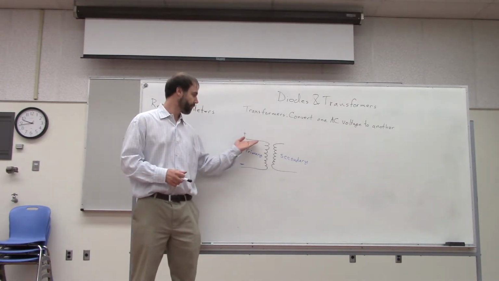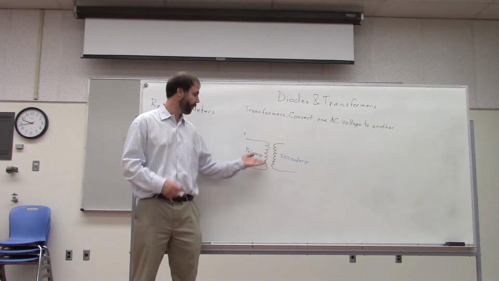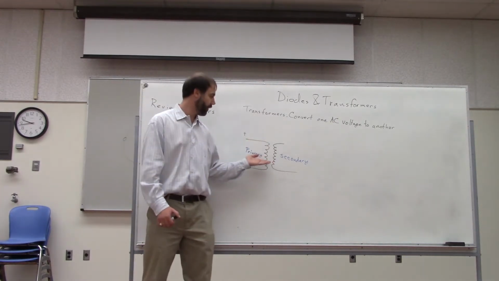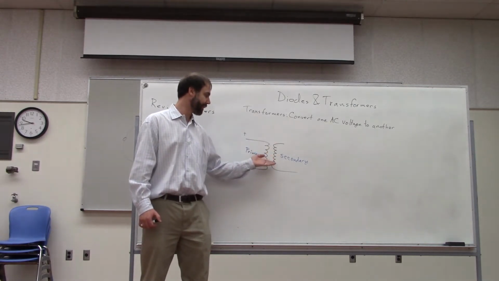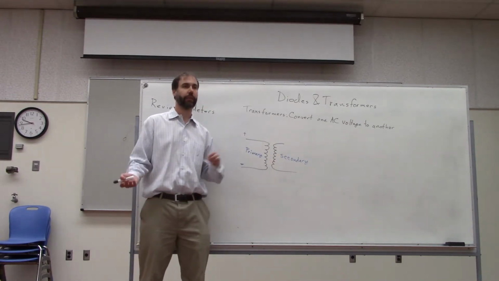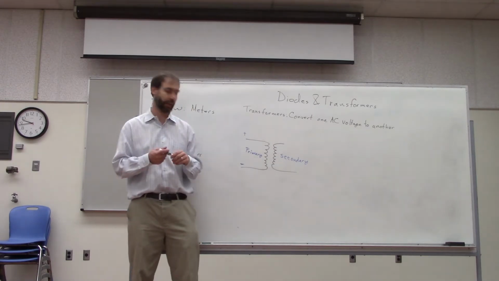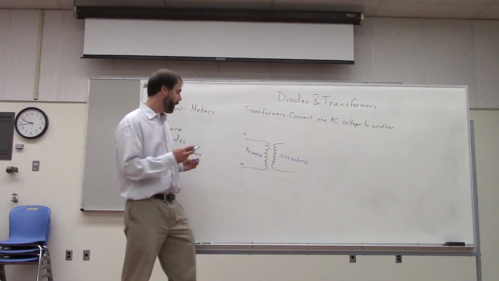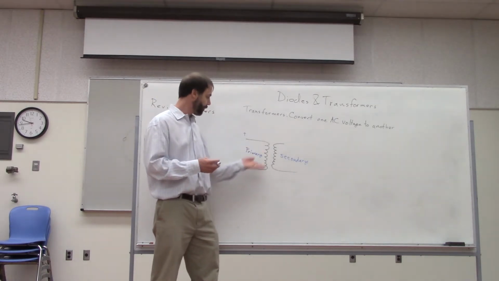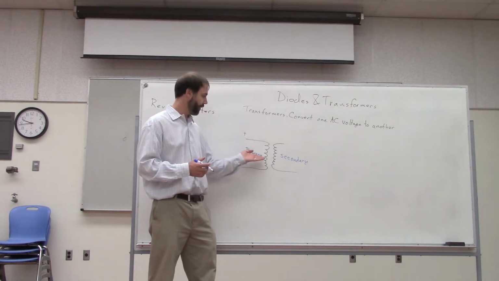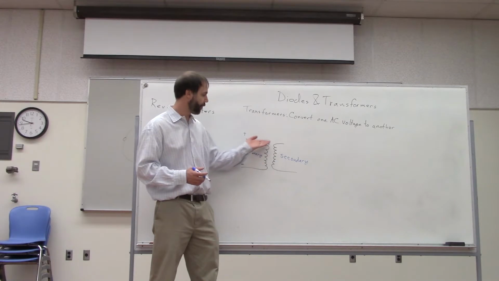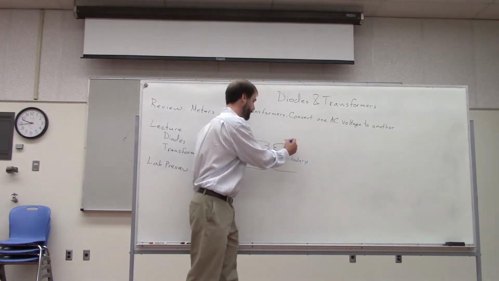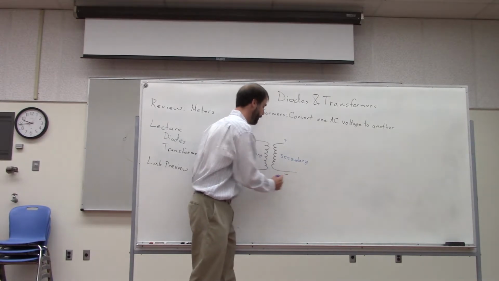If you put a current through a coil of wire, you create a magnet. Also, if you create a magnetic field and pass that through a coil of wire, you create a current. So it works both ways. When you're pushing electricity through this side and creating a magnetic field over here, that creates current on the other side, on the secondary.